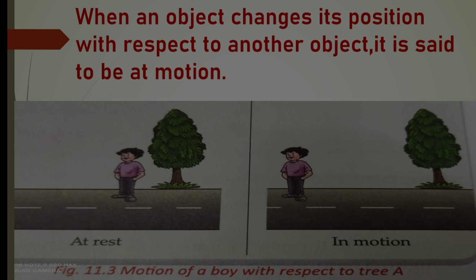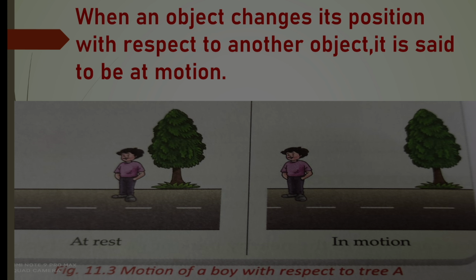Now look at this picture. When an object changes its position with respect to another object, it is said to be in motion. Here you see at the back there is a tree and in front there is a boy standing. In the first picture, he is not moving, he is at rest. The tree is there, the boy is there. Look at the second picture.